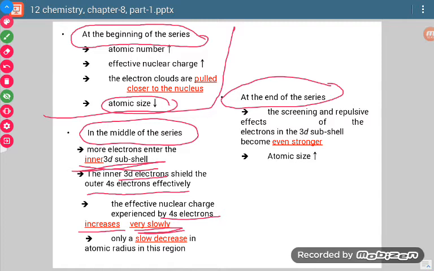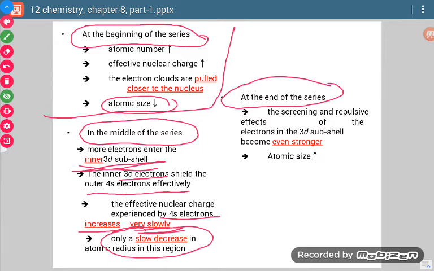When the number is more, they show a greater effect. So the overall result is a slow decrease in the atomic radius. It means that in the middle of the series there is a decrease, but it is quite small, and we can also say that the size remains almost the same.